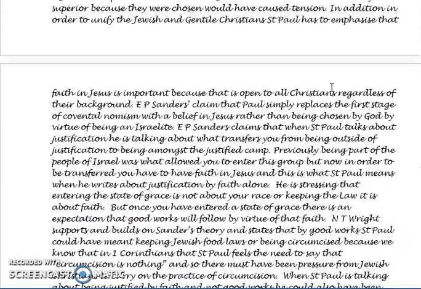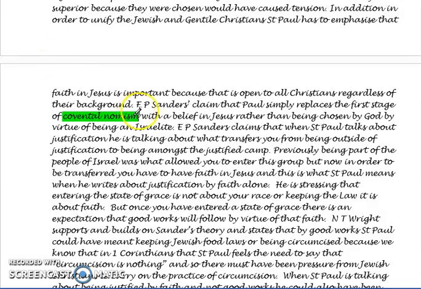So E P Sanders says that Paul comes up with a new form of covenantal nomism. But rather than you entering a state of salvation because of the covenant, because you are an Israelite or you're one of God's chosen people or you're a descendant of Abraham, you enter being justified because you believe in Jesus.